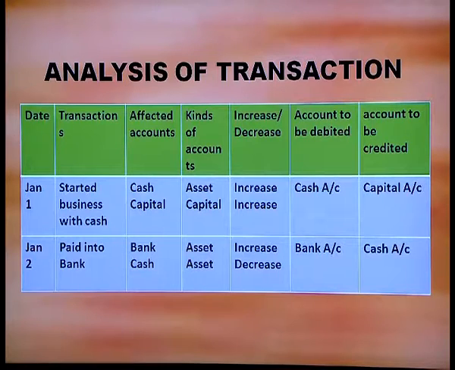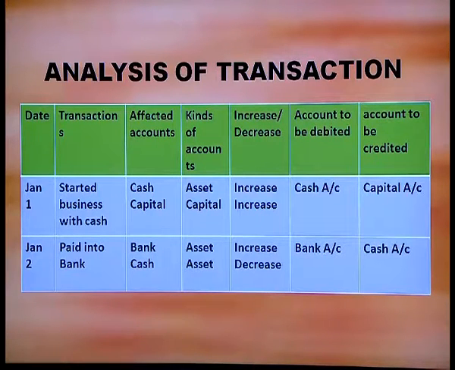Next transaction is cash paid into bank, rupees 20,000, that is on January 2nd. Affected accounts are bank account and cash account. Bank account can be included under asset account. Cash is also an asset account. Bank balance increases. Cash is going from the business, so cash is decreasing.